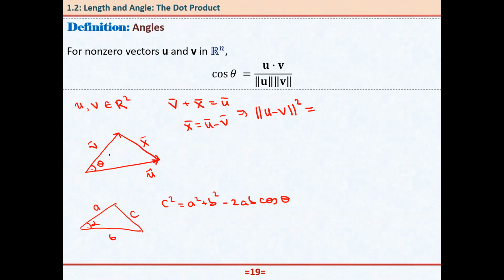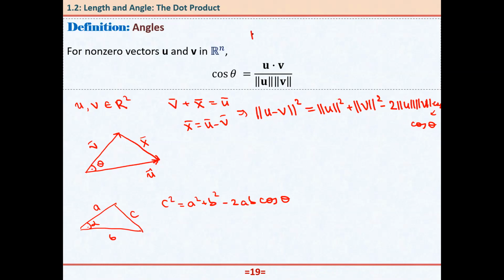On the right-hand side, a squared plus b squared, that is norm u squared plus norm v squared minus 2 times norm u times norm v times cosine of theta. Now we just simplify this.